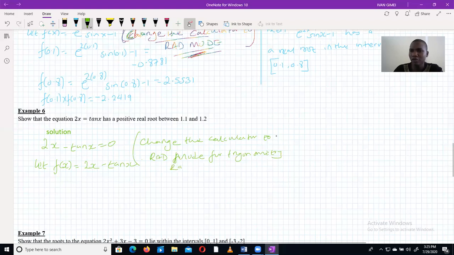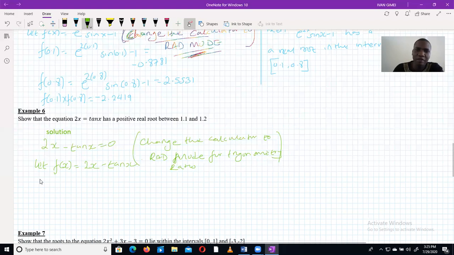So make sure you operate your calculator in radians, otherwise you end up getting wrong values, because these are very small angles. These are not angles in degrees. If they say between 30 and 40, then it becomes very complicated. So always operate your calculator in rad mode when you find trig ratios.